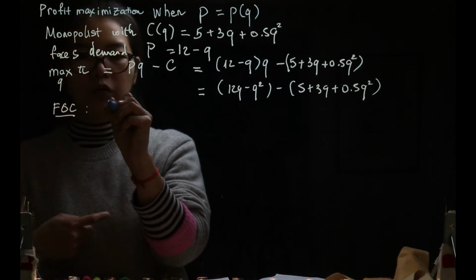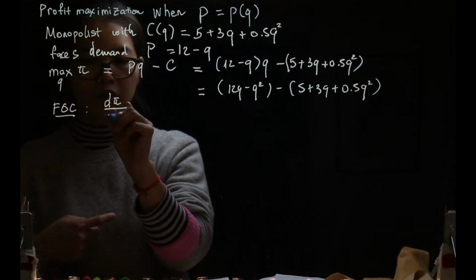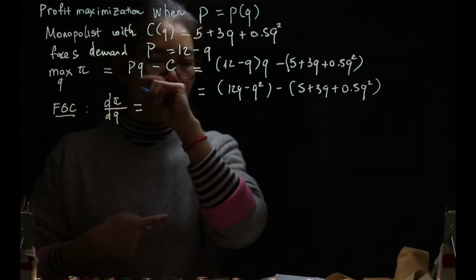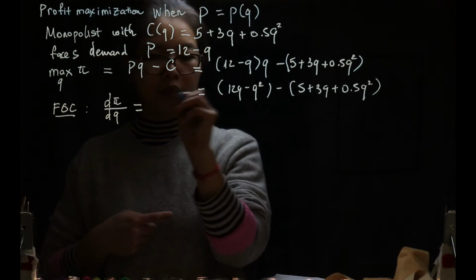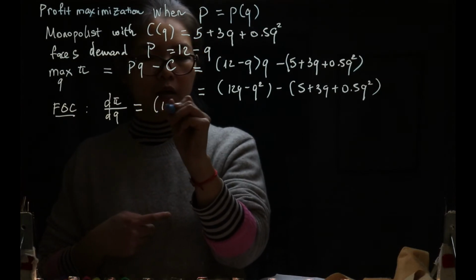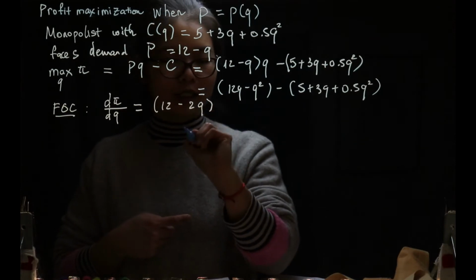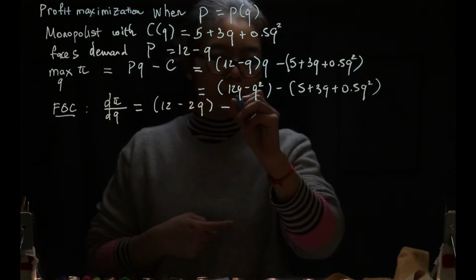We have that before, nothing changed over here, d pi over dq. So the derivative of profit with respect to quantity equals the first bracket, 12 minus 2q, right?